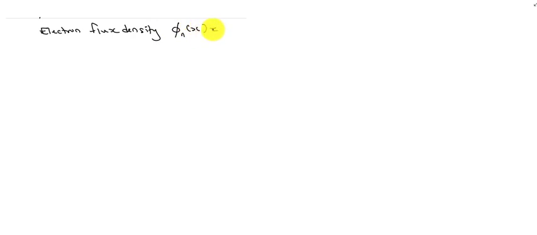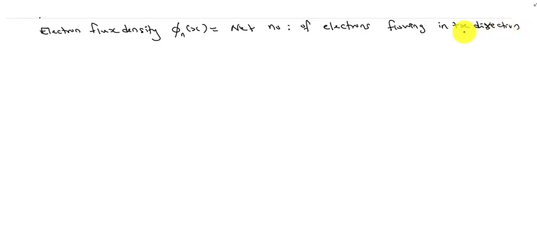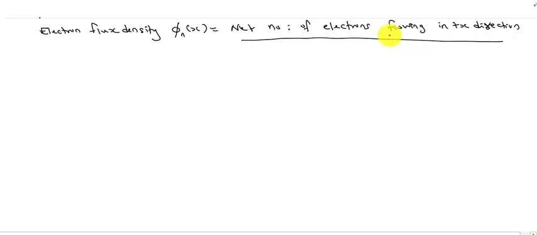Electron flux density means the net number of electrons flowing in positive x direction per unit area.